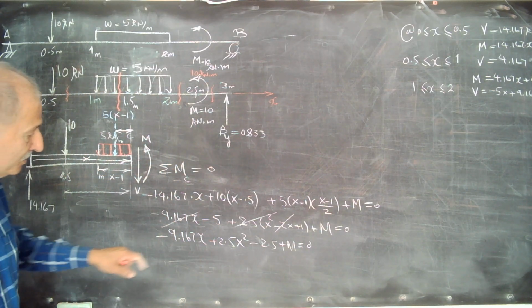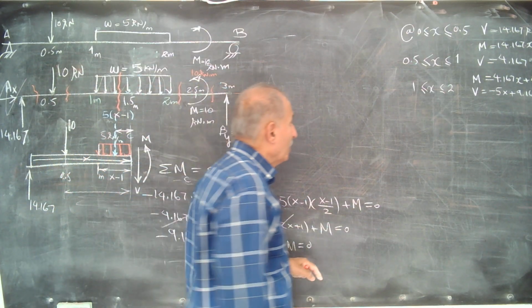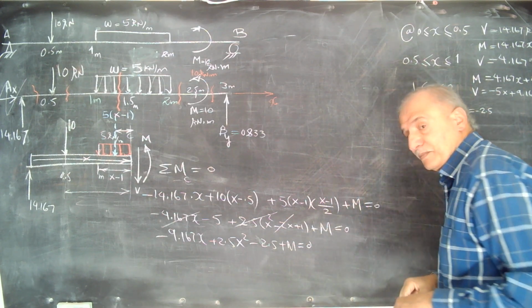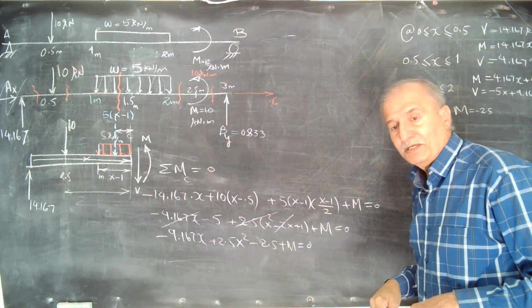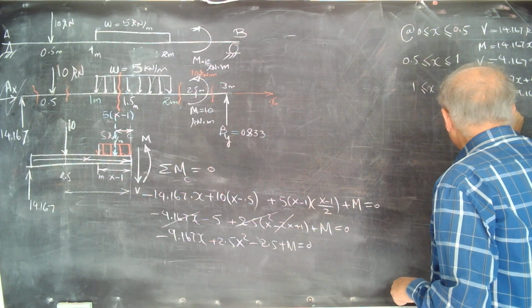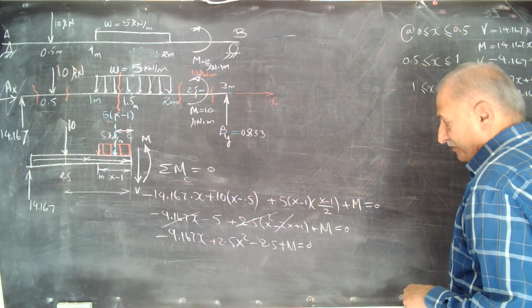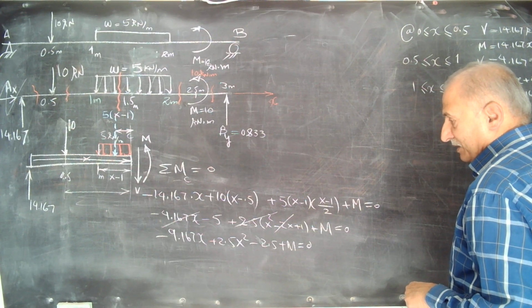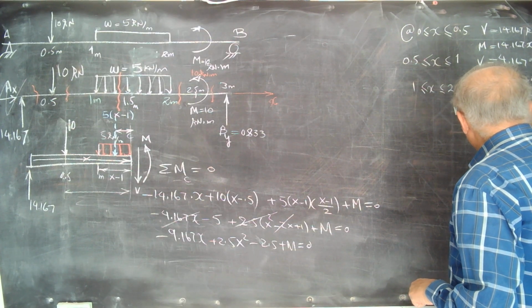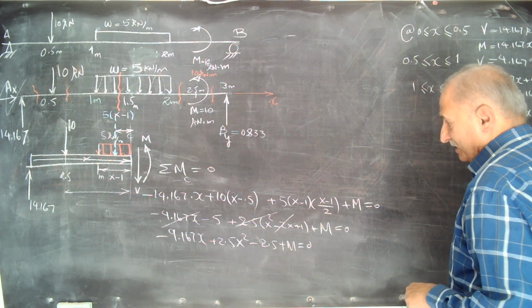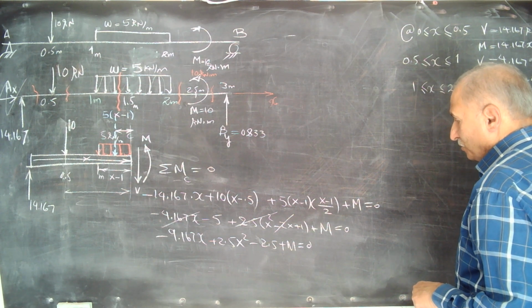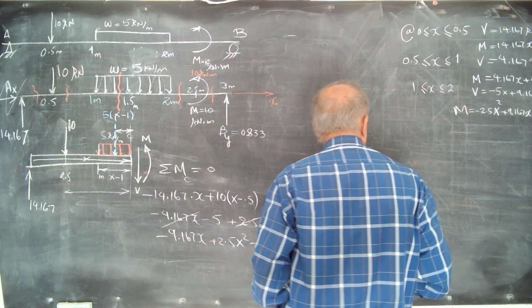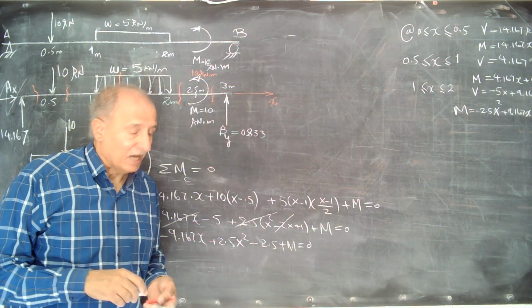Then m is equal to minus 2.5x squared plus 9.167x plus 2.5. That's for x between 1 and 2.